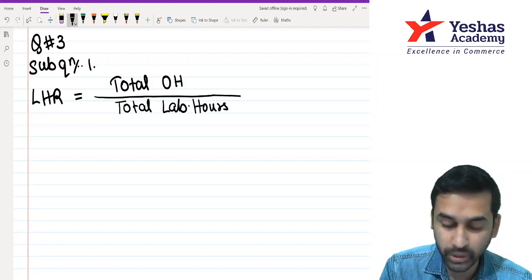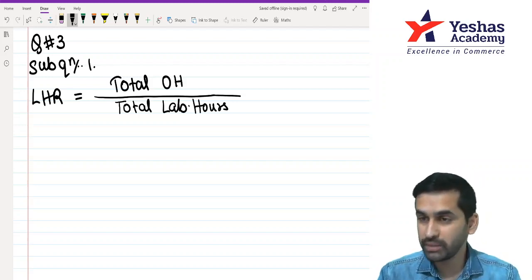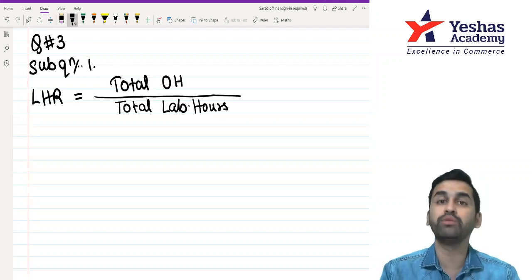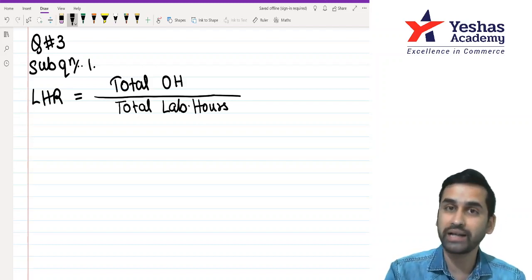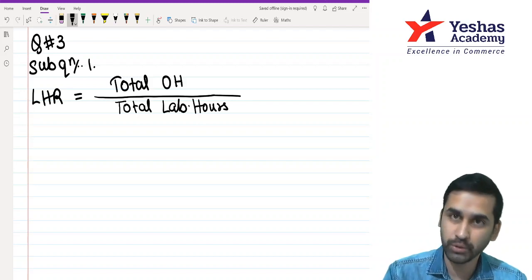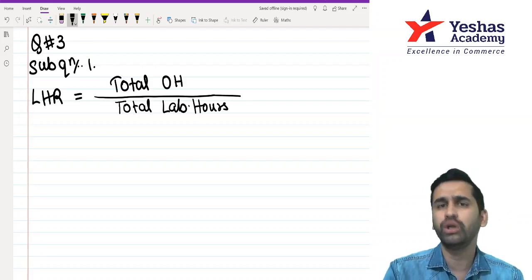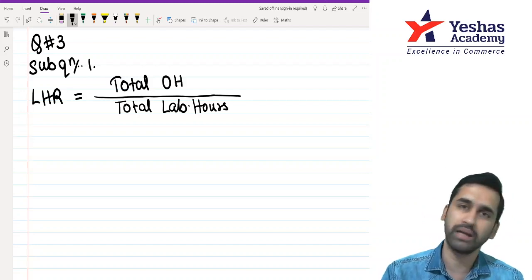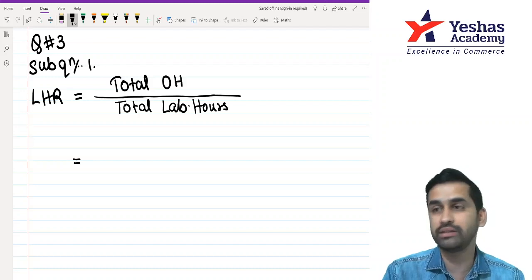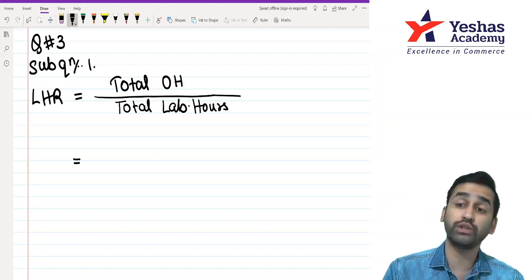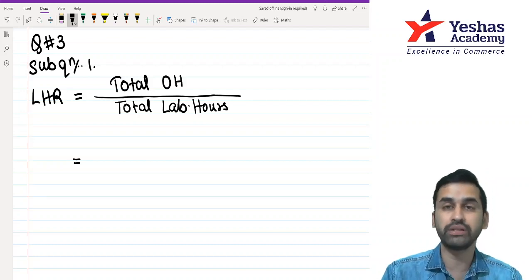I am not going to do it for each activity. Order processing, machine processing, product inspection. No, I am not going to do it separately, because first sub question is not activity based costing. First sub question is your labor hour rate. In labor hour rate, we are going to do total overhead by total labor hours. Simple. Yes. How to get total overheads? Already given, sir. First paragraph. Sir, can I show in exam 2,10,000 plus 8,75,000 plus 157,500?